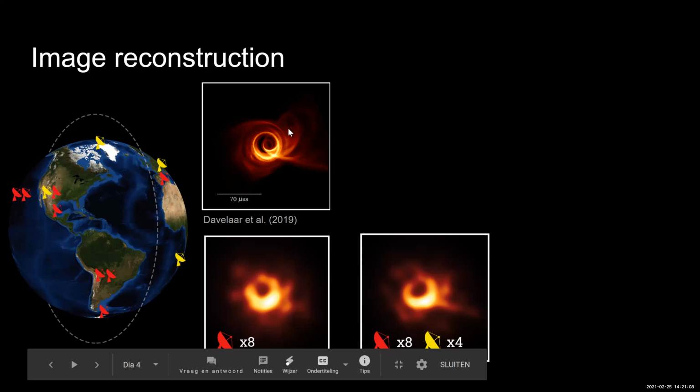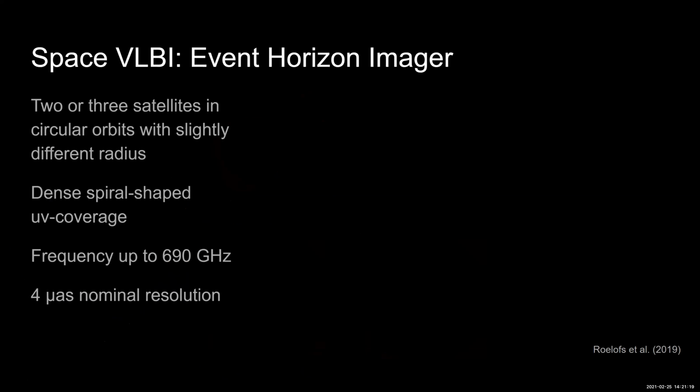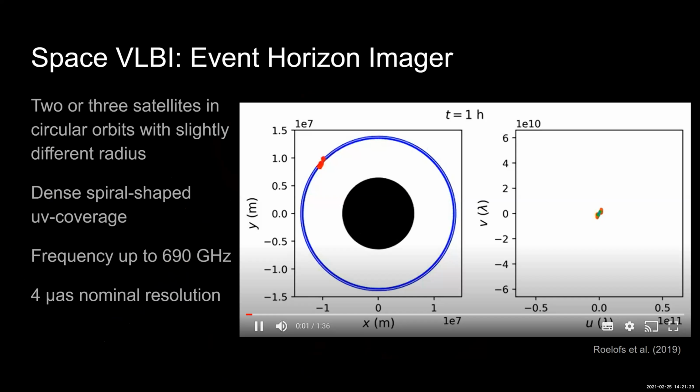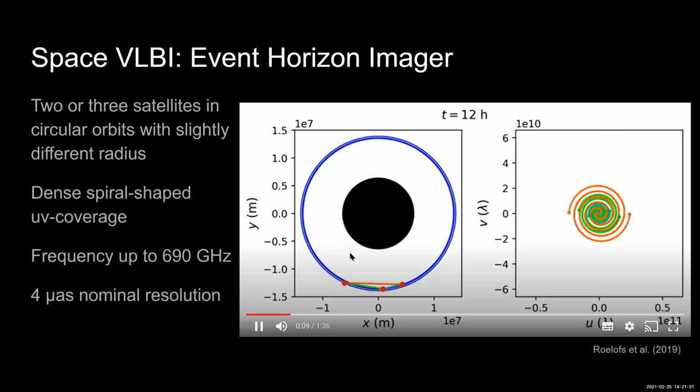And this extended jet structure we may be able to image more deeply with a lot more stations, with the ngEHT. But here we've gone one step further and also simulated space-based VLBI observations. So we've been developing this event horizon imager concept consisting of 2 or 3 satellites in circular medium Earth orbit at a slightly different radius.